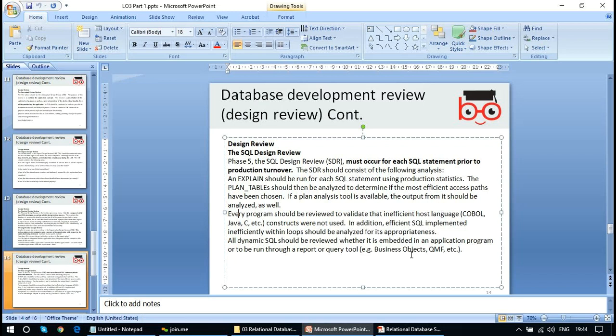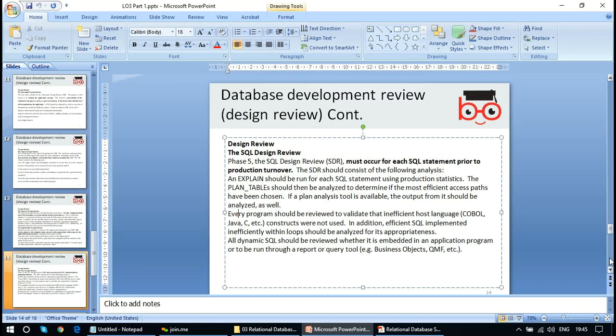So the SQL review is basically a programmatic review, but obviously it is given to you in the form of some automated process. So the only recommendation is that you should go through it.